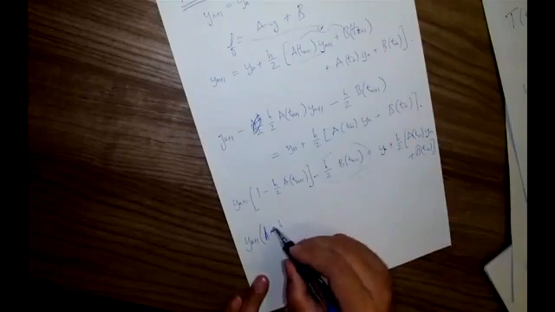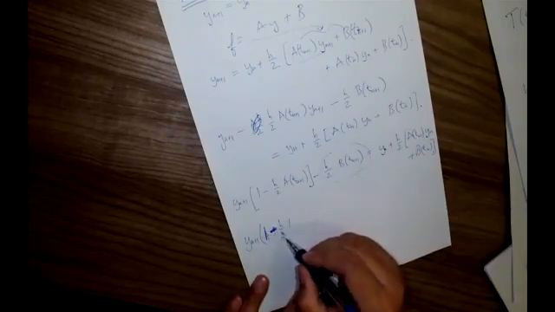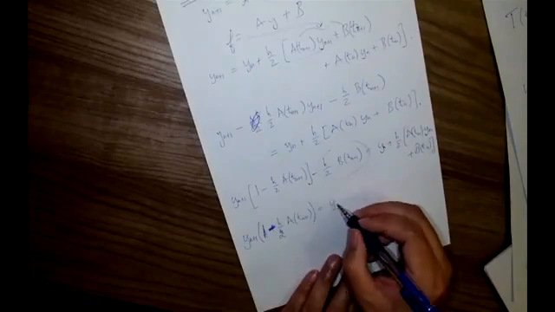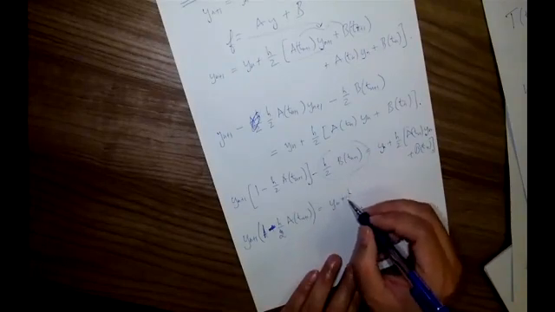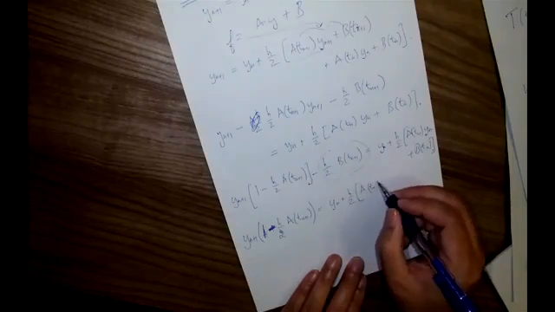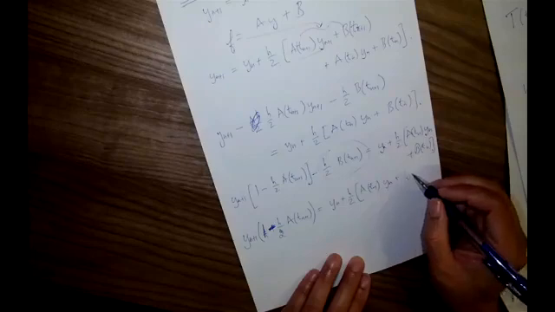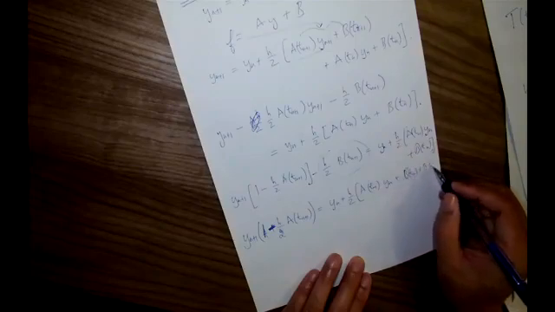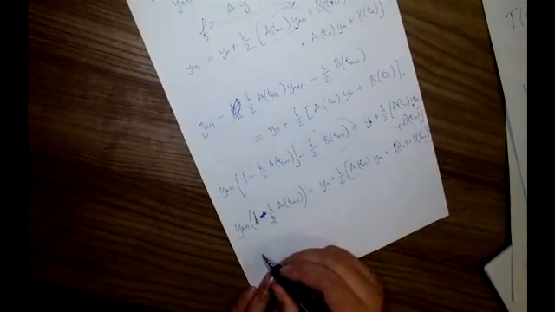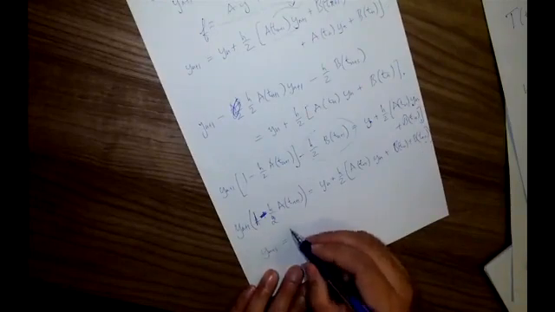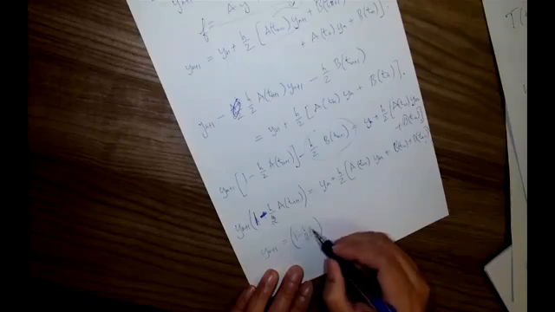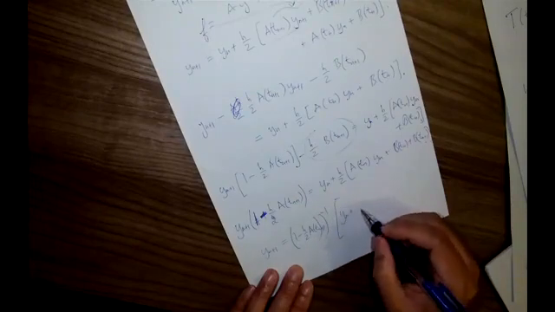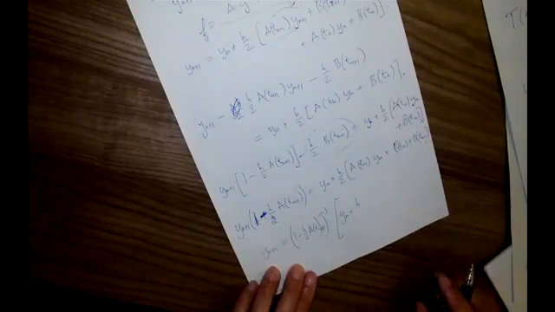So still 1 minus h over 2 a(t_{n+1}) equals y_n plus h over 2 a(t_n) y_n, and this one is b(t_n) plus b(t_{n+1}). Then you divide, and you get y_{n+1} is the whole thing divided by 1 minus h over 2 a(t_{n+1}).